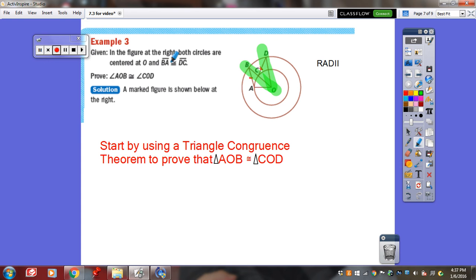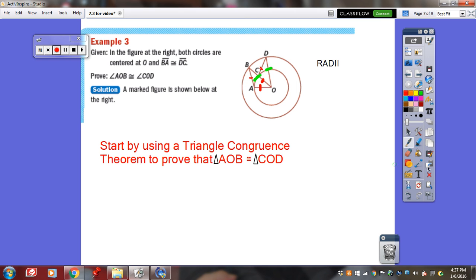Now if you notice in our given, they tell us that BA is congruent to DC. So if we look at what we have here, by radii, we know that this is congruent to this, and we also know that this long one right here is congruent to this long one right here.